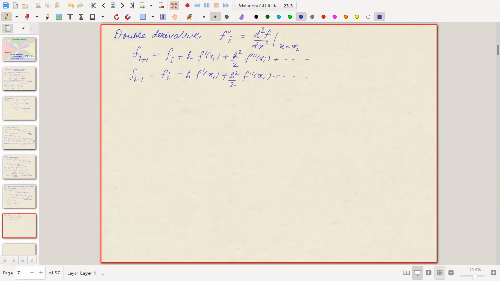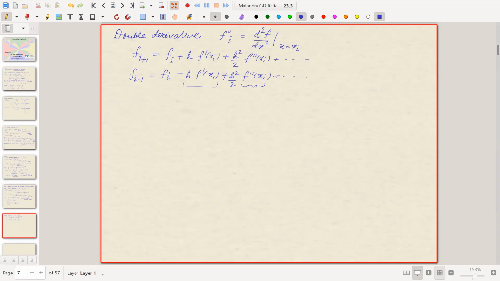Now observe that here is the double derivative. What operation shall I do so that I get f double prime of xi easily? That means I have to eliminate this term, and we can easily eliminate it. How?